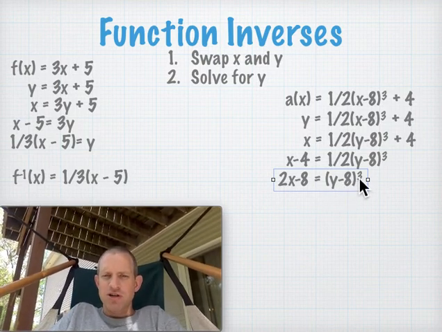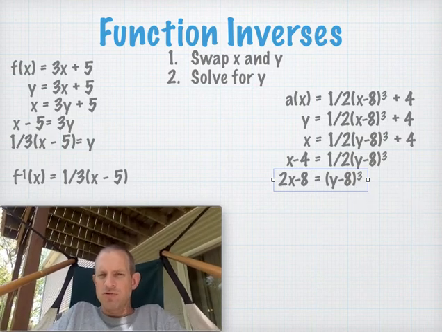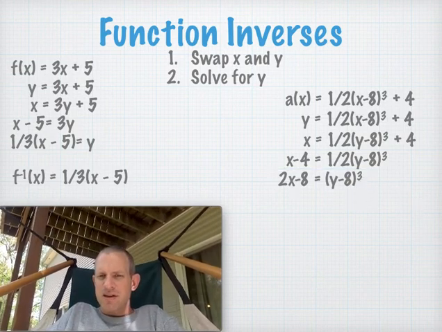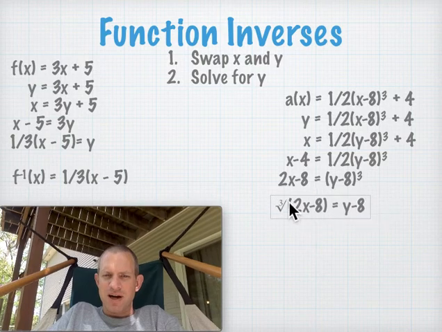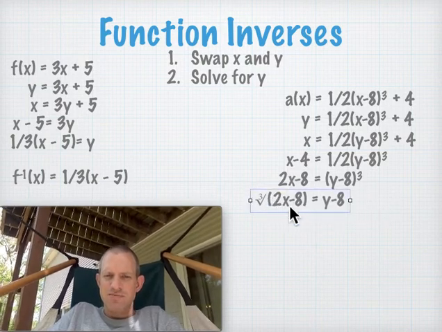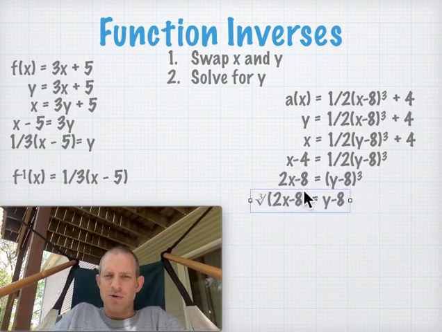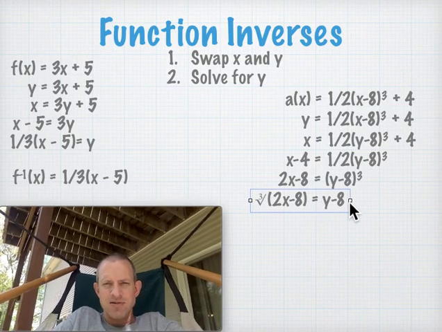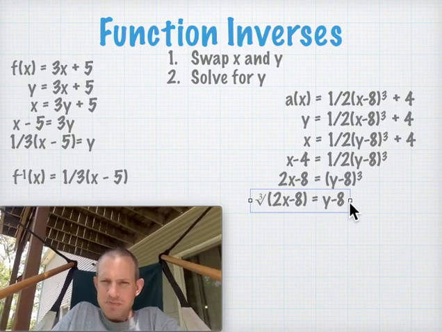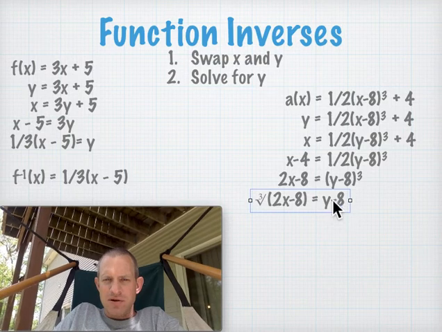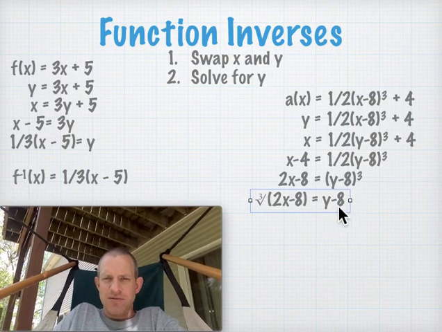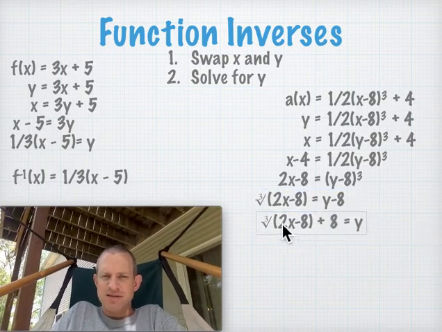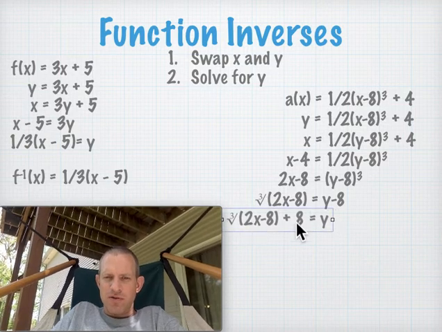Now I've got chunk cubed, and so it's time to take the cube root of both sides. If I do that, I've got the cube root of 2x minus 8. There'd be a radical all the way across there. I didn't take the time to fancy type this one. And now to continue to get y alone, I've got to get rid of the minus 8 by adding 8 to both sides. So careful over here.